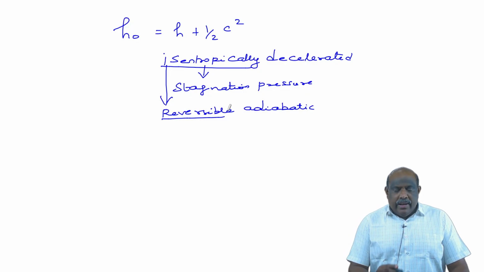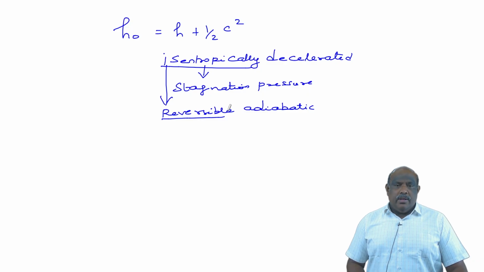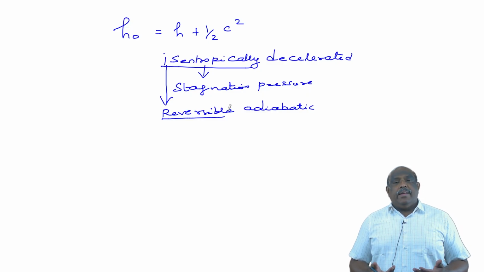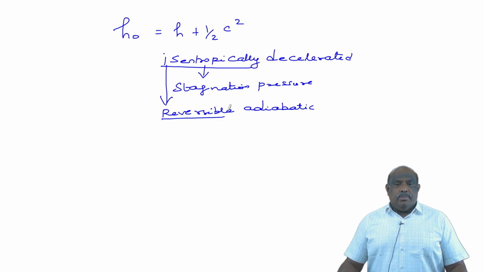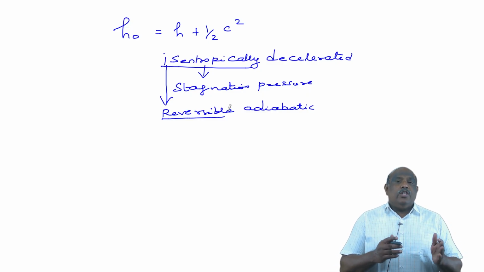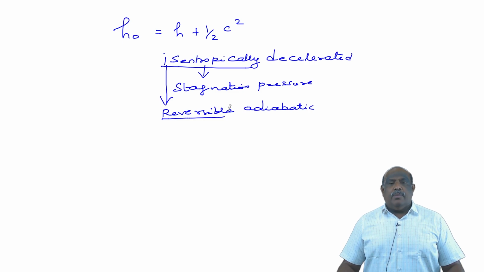So we have an auxiliary term called reversible. That is the main condition we should know. So it should be isentropically decelerated to zero velocity. At the end of this session, we will come to know why it should be like that.